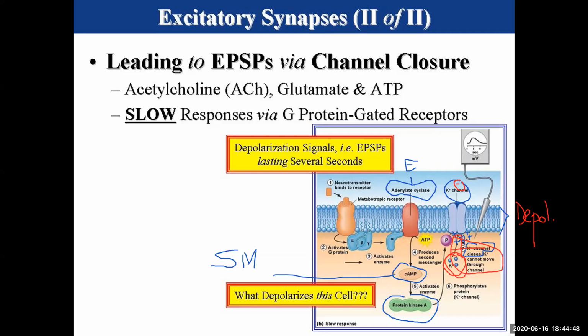Mechanism number one, channel opening, allowing a net influx of positive charge, or another mechanism, channel closure, in this case specifically potassium channel closure, preventing potassium from leaving the cell. Therefore, potassium, which carries a positive charge, accumulates on the inner leaflet. It's also a depolarization signal. Okay, so those are two ways of generating EPSPs: by opening an ion channel or by closing ion channels.